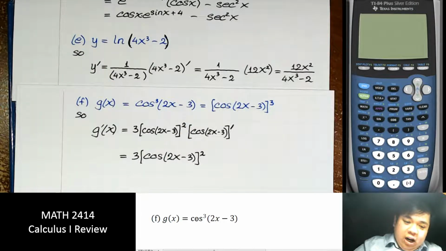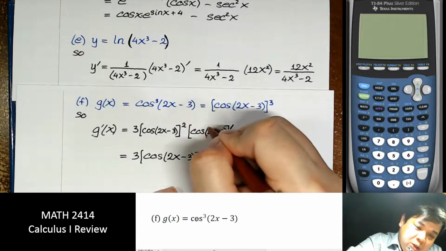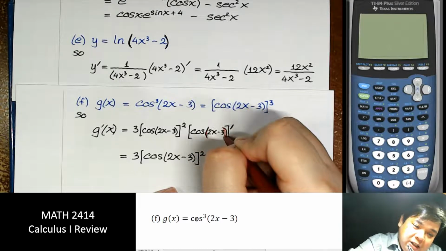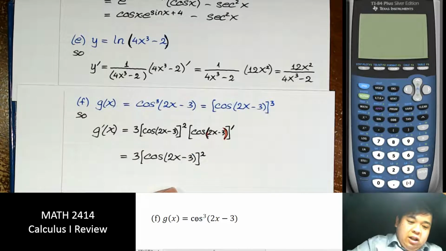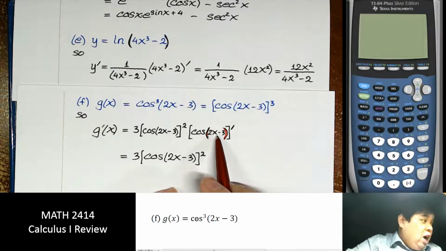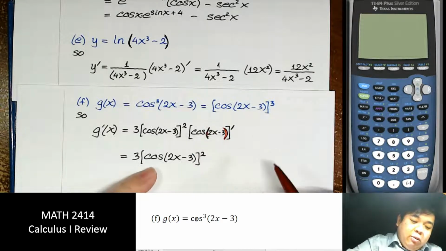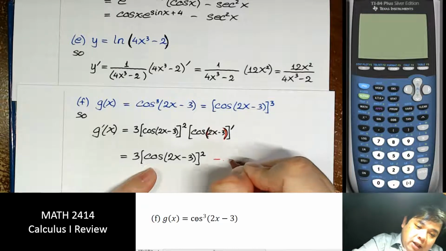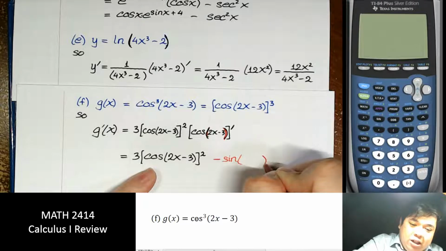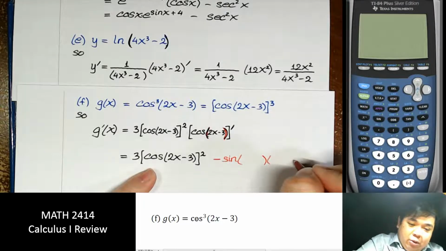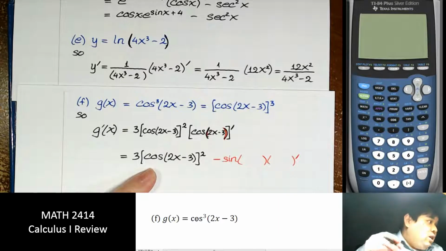Right, switch to a different color here. So we have parentheses around the cosine, the angle or the argument of cosine, and the derivative of cosine is negative sine of the parentheses, and then the derivative of the parentheses. It doesn't matter what is inside the parentheses.